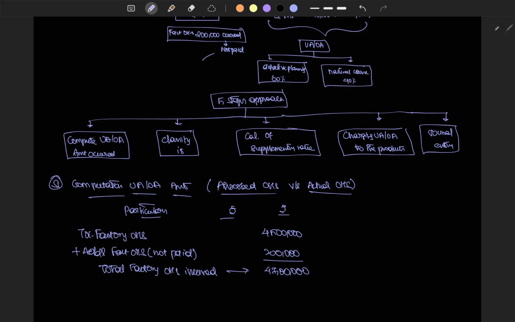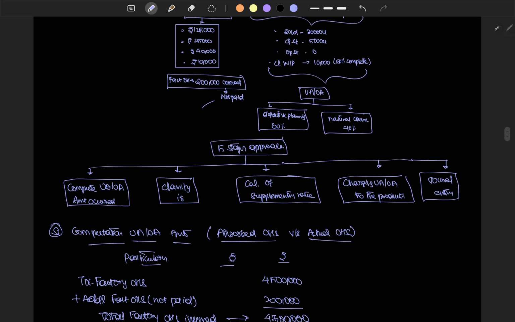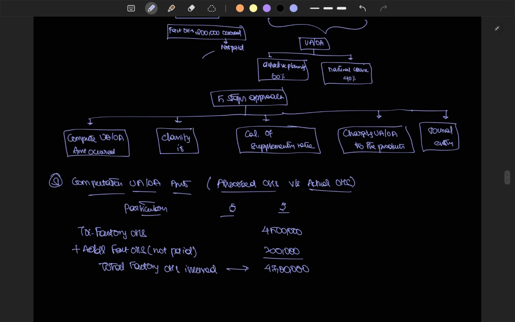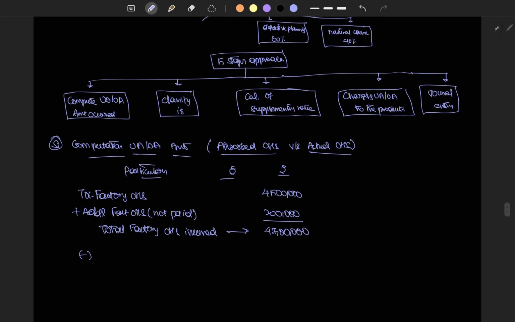So that is 47 lakhs, and some of the values which have been given have to be subtracted from this value.